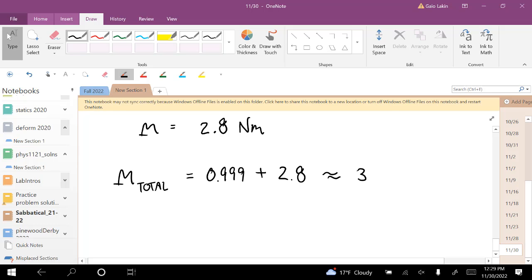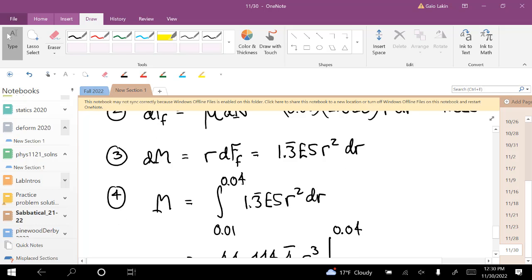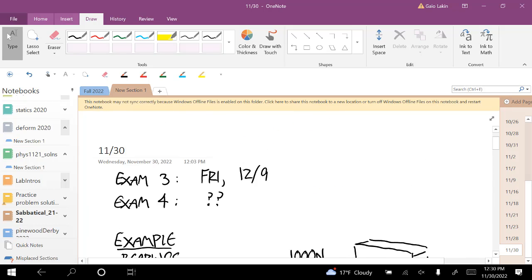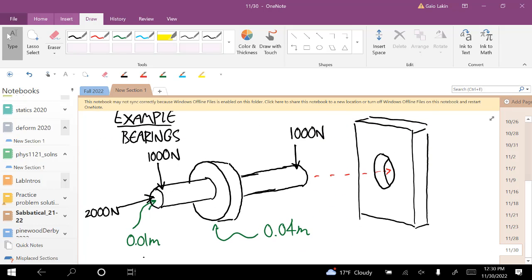We'll just call that 3.8 Newton meters. Cool, right? So in order to keep this thing rotating with a constant angular velocity, that's the couple that would have to be applied by the moment or whatever external force. Otherwise, it's going to slow down and stop.